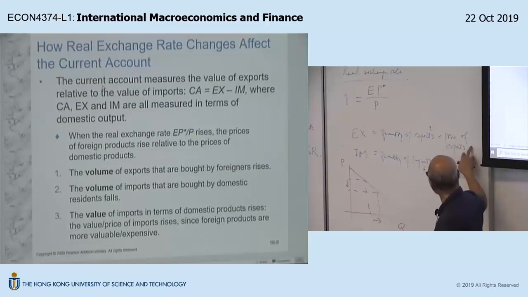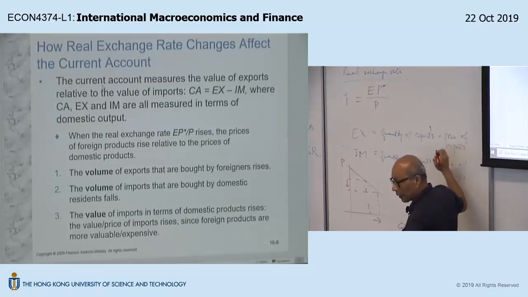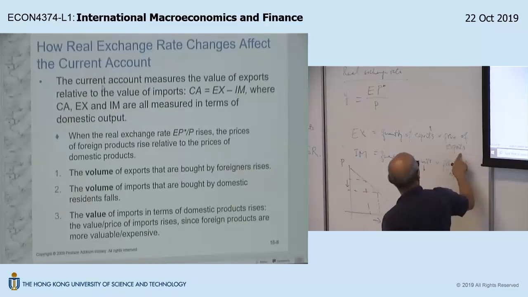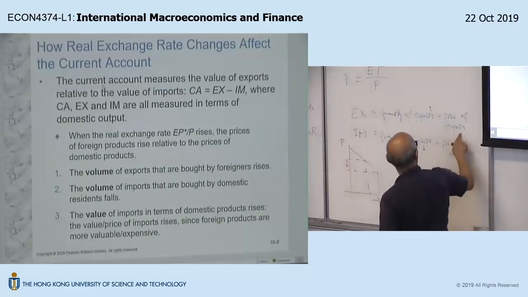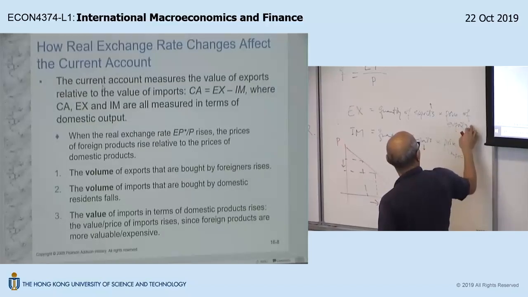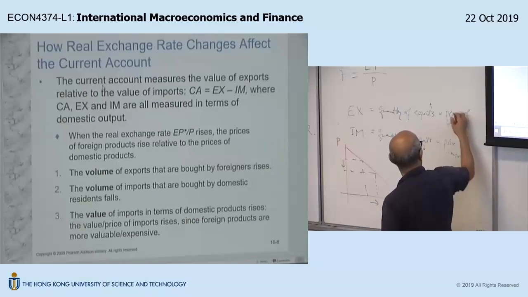However, the price of exports, measured in your currency, will be unchanged.